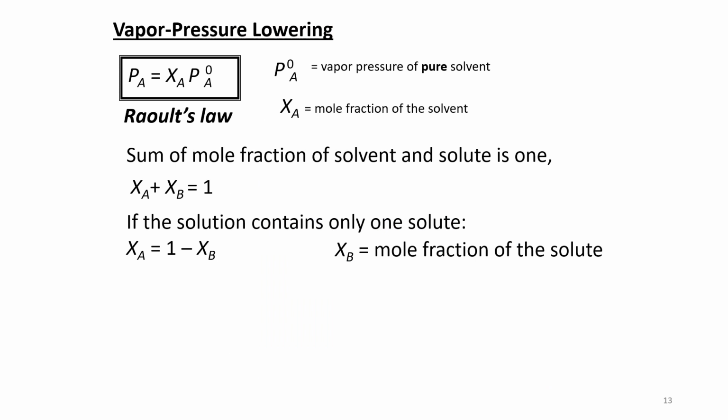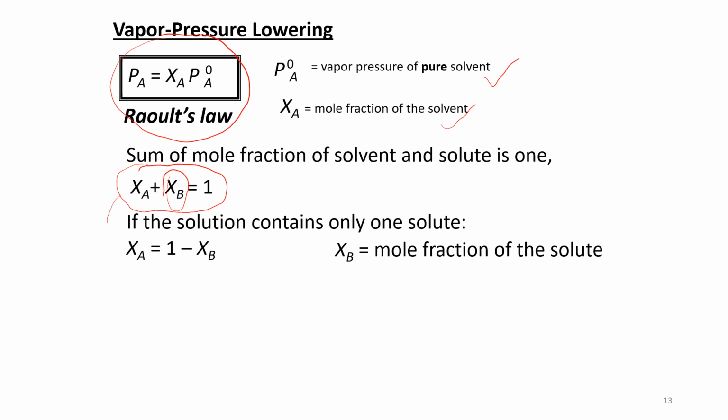Due to the changes that happen when we add a solute to a pure solvent, causing vapor pressure lowering, we need to calculate the vapor pressure using Raoult's law. P A naught is the vapor pressure of pure solvent and XA is the mole fraction of the solvent. Since we add a solute, we have to consider another mole fraction for the solute, where XA plus XB equals 1, and XB is the mole fraction of the solute.